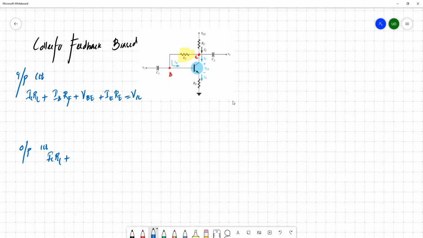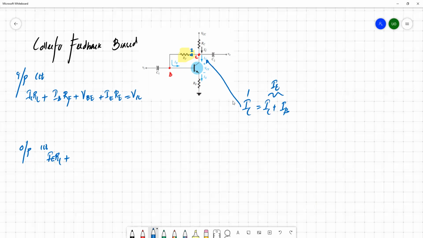The current flowing through the collector resistor is IE. If you apply Kirchhoff current law for this node, you can simply see that IC dash equals IC plus IB, so this is actually IE.